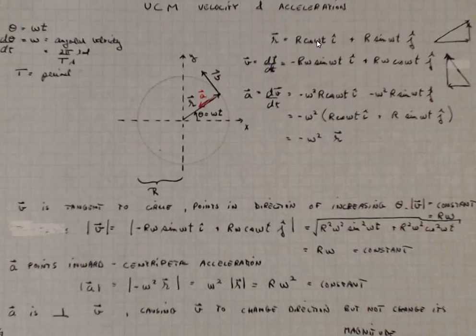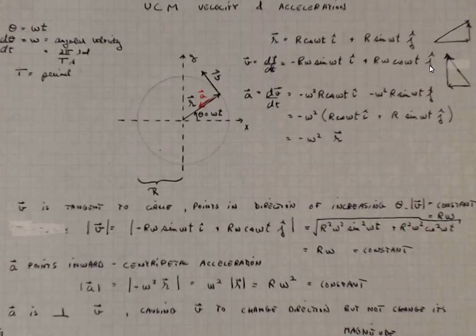The derivative of cosine is minus sine, and from the chain rule we spawn an omega here, so a negative sign creeps in. Then the time derivative of the y component is r omega cosine omega t times j hat.